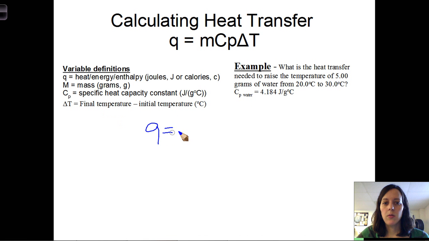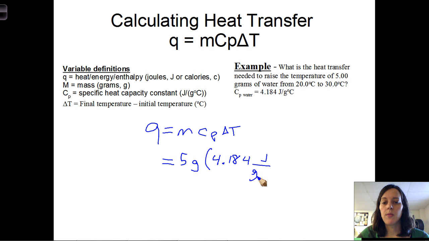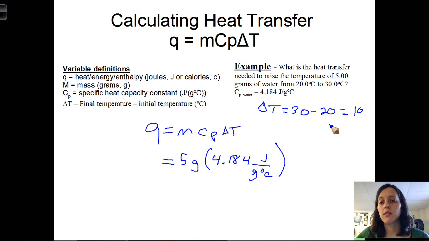So we have our Q equaling mCp delta T. Q is what we're looking to find. m is 5 grams. Our Cp value is 4.184. The units are joules over grams degrees Celsius. And our change in temperature, let's calculate that. The change in temperature is final temperature minus initial, or 30 minus 20, which would be a positive 10 degrees Celsius.